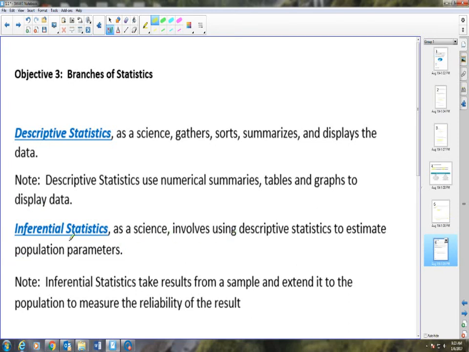So inferential statistics uses descriptive numerical values to estimate what the population parameter is going to be, and we're focusing on that toward the end of the semester. Inferential statistics takes results from a sample and extends them to the population to measure the reliability of the results, how good that result is.